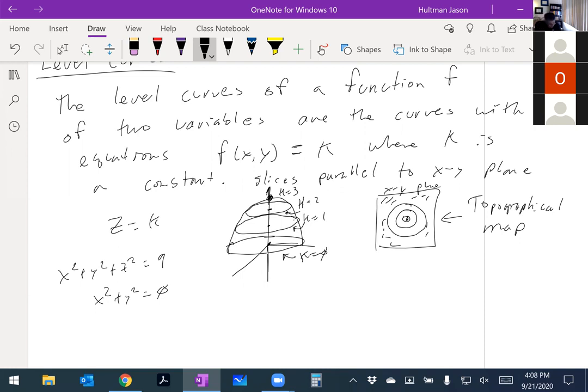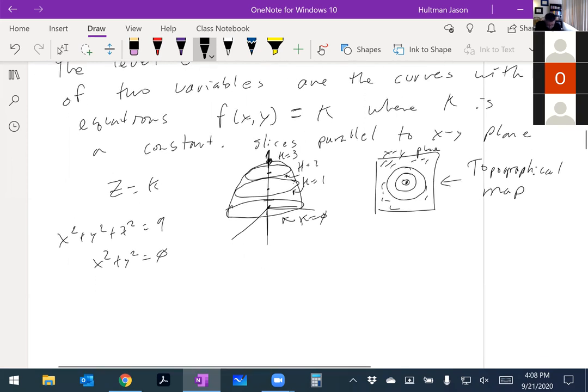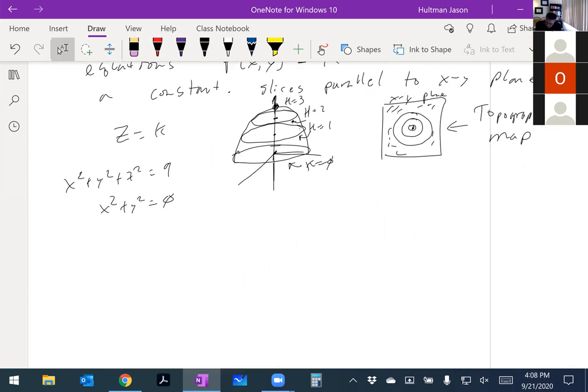Okay, so hopefully that kind of makes sense. Let's give a better definition of this.